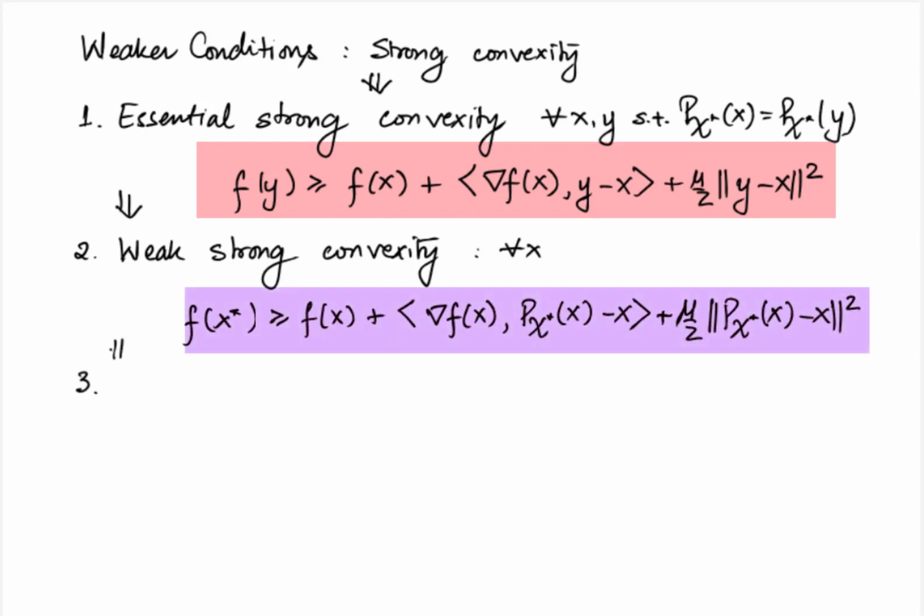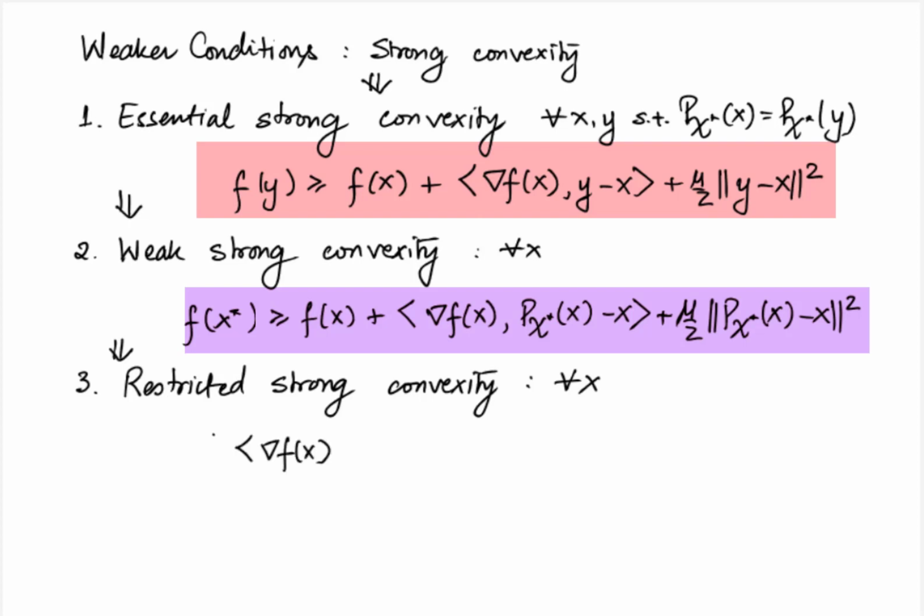Third, we have the restricted strong convexity, which is that for all x, the inner product of gradient of f of x, comma x minus projection of x onto calligraphic X star is greater than or equal to mu times the square of the distance between x and the set calligraphic X star.